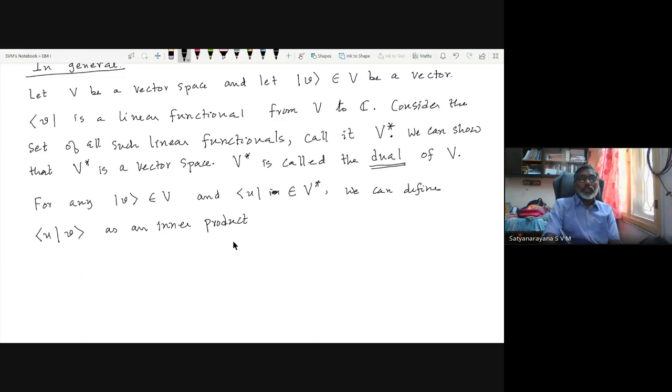So the inner product of two vectors U, V in V: to define an inner product, I must take this U and consider its linear functional bra U, and then multiply bra U with V. Then only I will get a scalar. Okay. So this gives a scalar. So UV is a scalar.